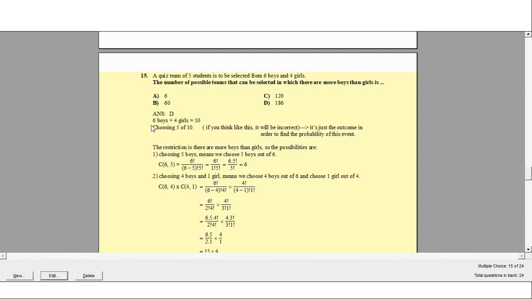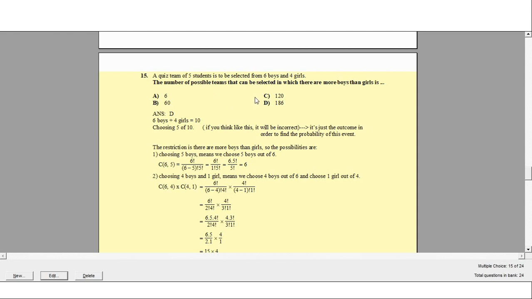So if you just think only until here, it will be incorrect. Because that is the information in probability. But here the condition is not probability, but still finding the possible arrangements or possible selections.